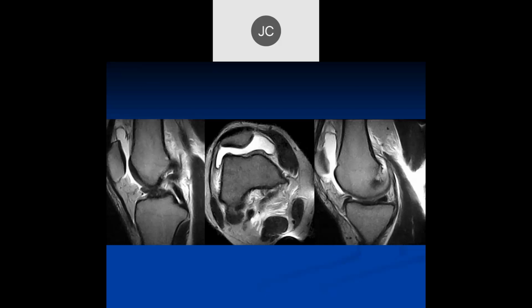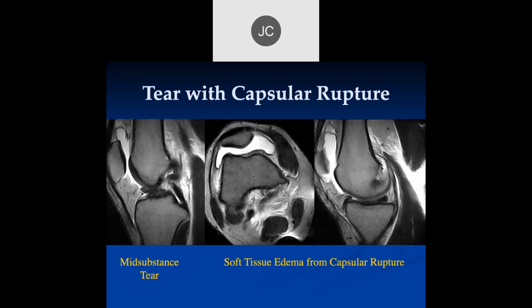So if you have, especially if it's a young person and this is their first really knee injury, when you get an acute effusion in the joint space, which is typically hemorrhage in that setting, you can also get a rupture of the posterior capsule and get extravasation of the effusion into the posterior soft tissues.